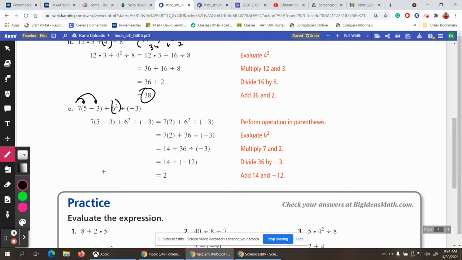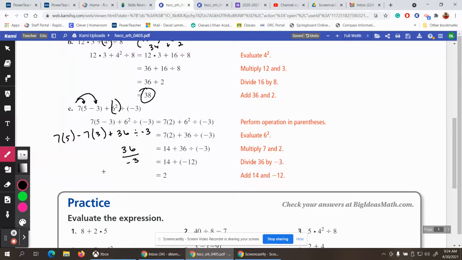Okay, so let's go ahead and just do all that. So we'll have 7 times 5 minus 7 times 3 plus 36 divided by negative 3. And what you'll see is that, especially once you get into algebra, you never see the division symbol. It's always going to be written as a fraction.